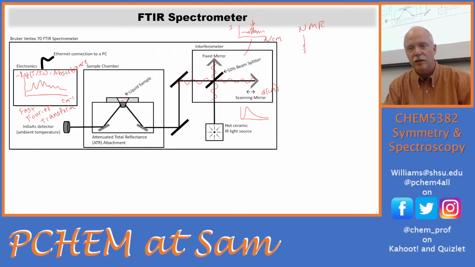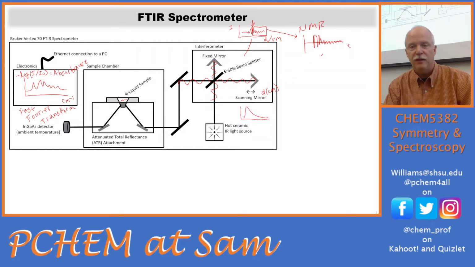And so NMR takes this signal like this that tapers off. And it's like 1/2 of this interferogram. In infrared, we take it versus distance. In NMR, we take it versus time.